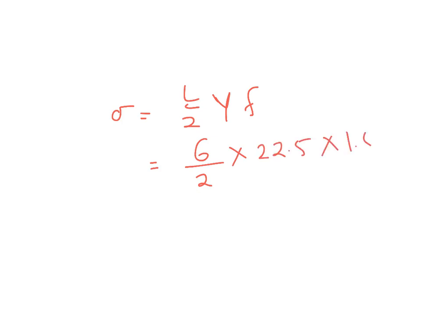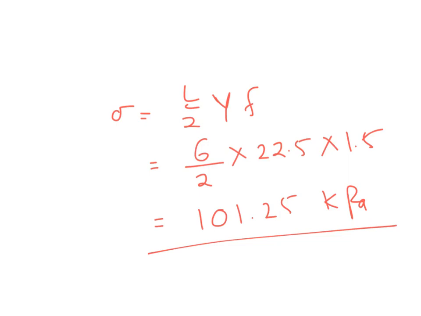So sigma due to friction is L by 2 times gamma times coefficient of friction. The length is given to us as 6, times 0.5, times 1.5, and if you solve this, you will get 1 to 1.2 in kPa. This is the solution of this question.